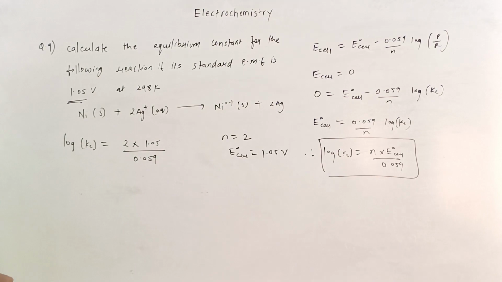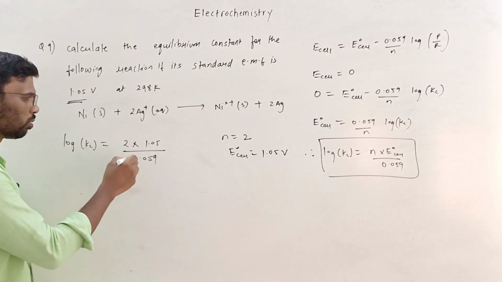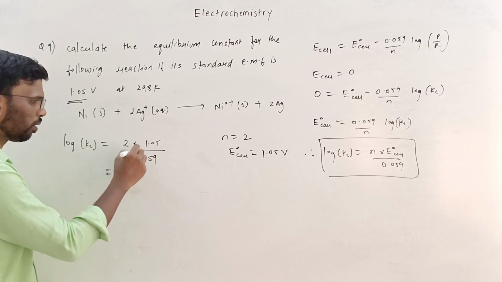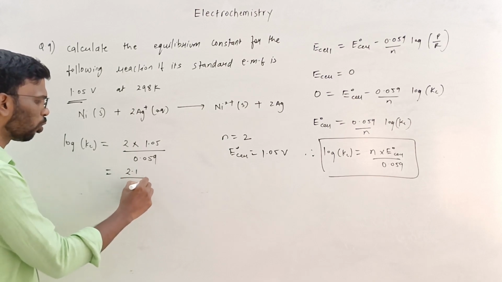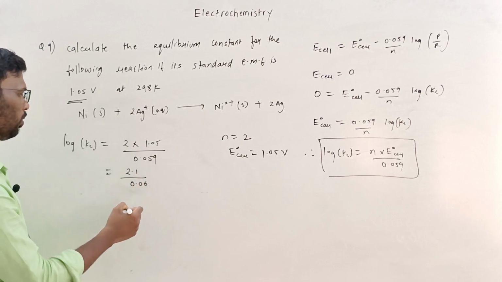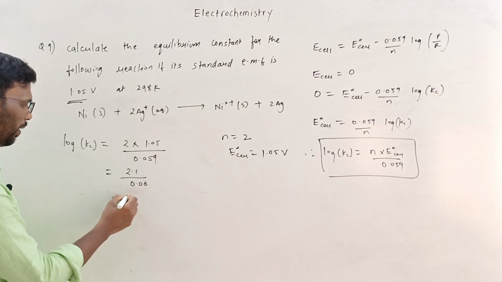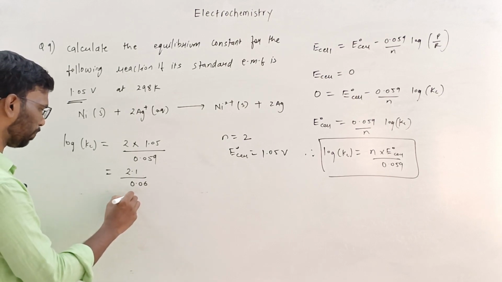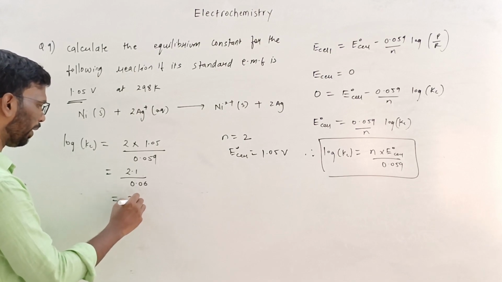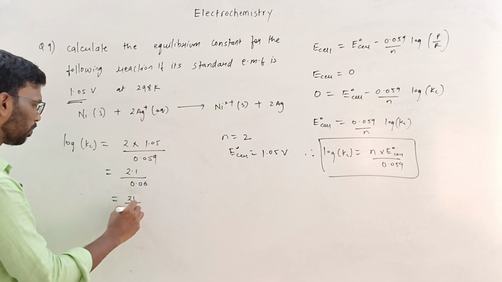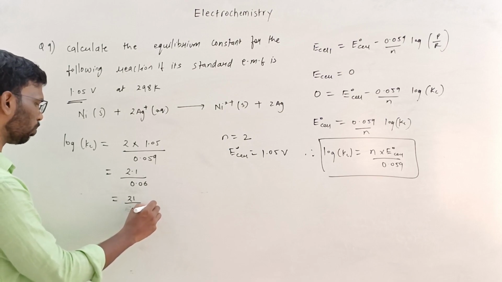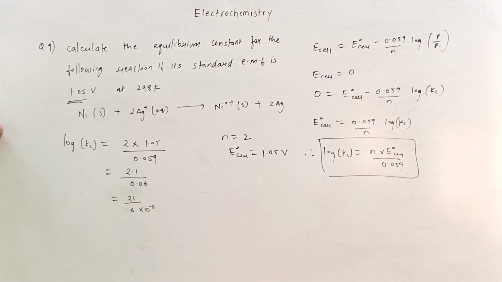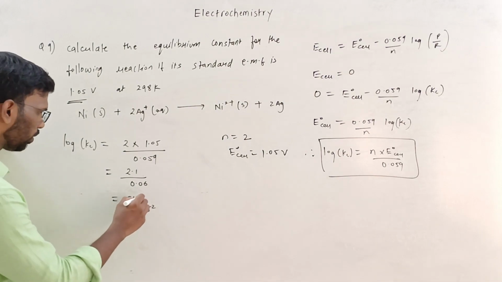I am writing it this way. So this is 2 multiplied by 1.05, which will be 2.1. I'll consider 0.059 as 0.06. So I'll write this as 21 and this as 6 into 10 raised to minus 2, so this is 10 raised to minus 1.